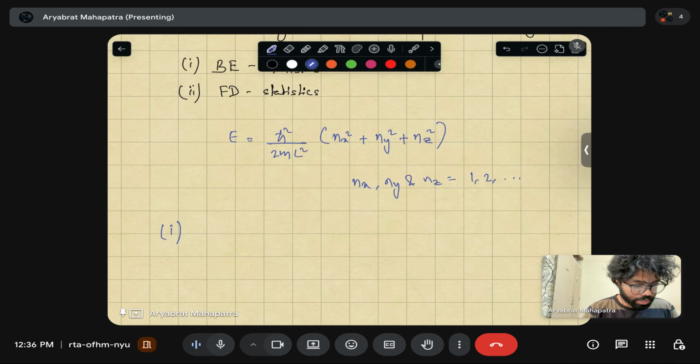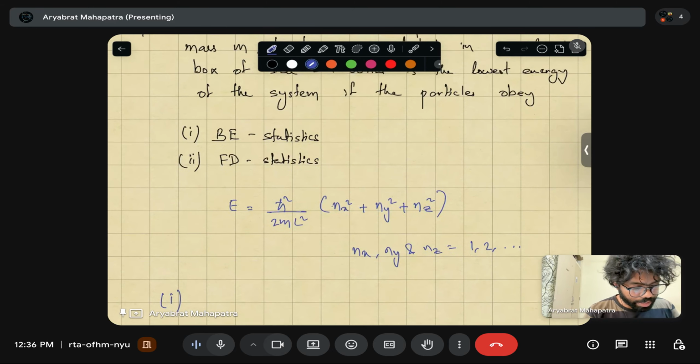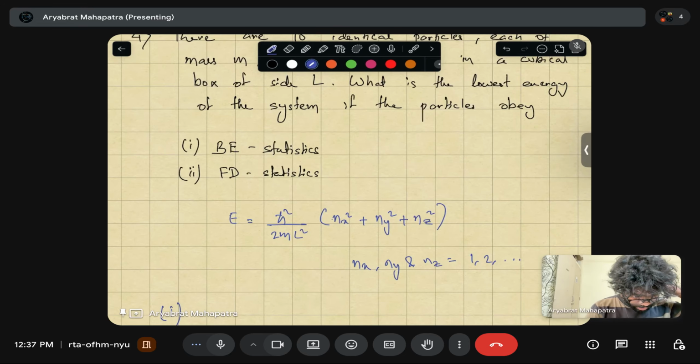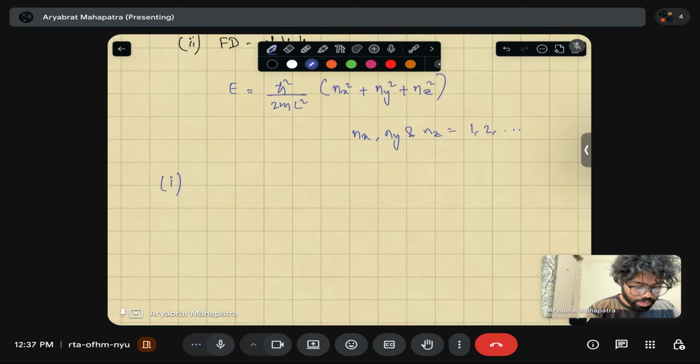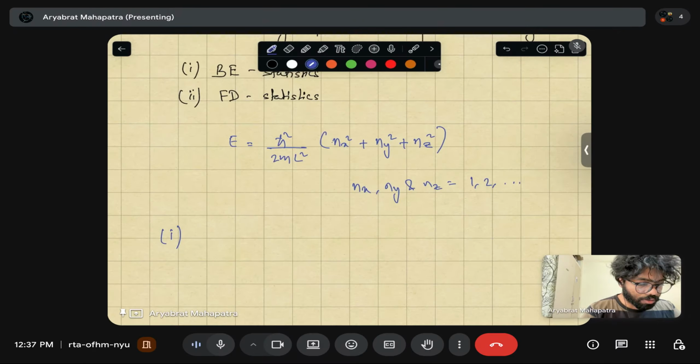From Bose-Einstein statistics, you know that these particles have integral spin, so they are bosons. So you can distribute bosons all together without any restrictions, unlike Fermi-Dirac, where you have to obey the Pauli exclusion principle.